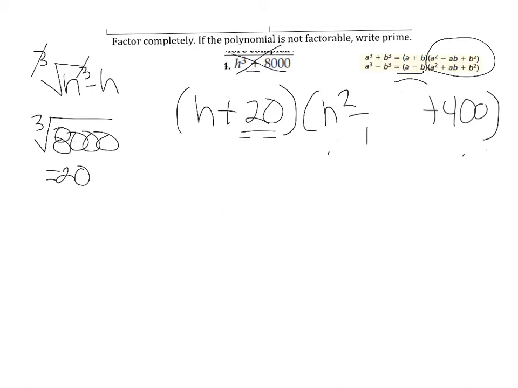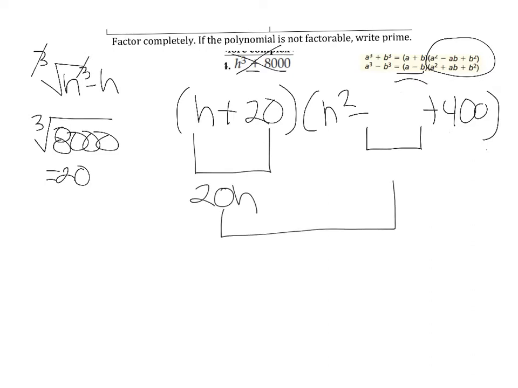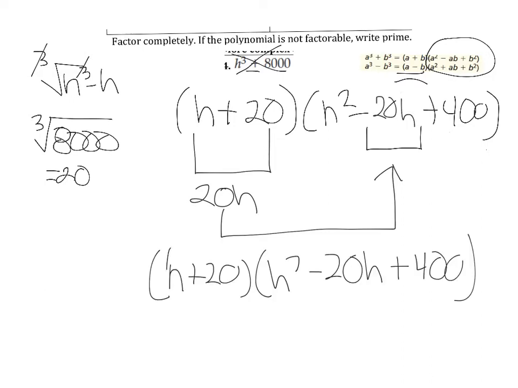What we got to do now is find this ab term, or middle term, and it's quite easy. We're going to take these two numbers, h and 20, and multiply them together. So h times 20 is 20h, and we're just going to place that right there. And you can see I rewrote the answer right here a little bit cleaner.